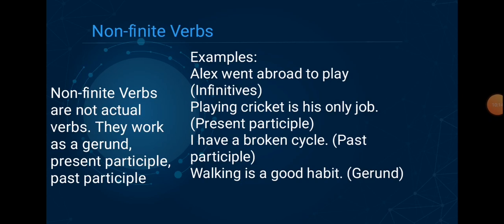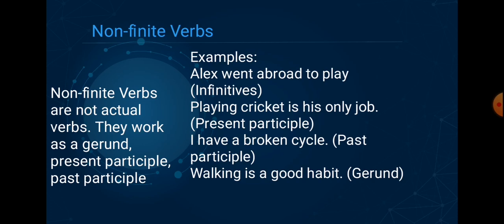The second type of verb is non-finite verb. What is a non-finite verb? It is the opposite of finite verb. The verbs that we use in 12 tenses are called finite verbs, and the verbs that we use in writing and speaking but which don't show any tense, we call non-finite verbs.